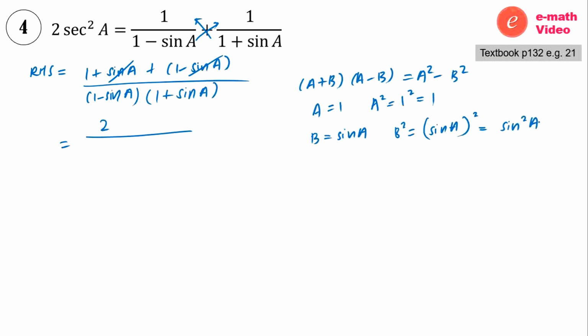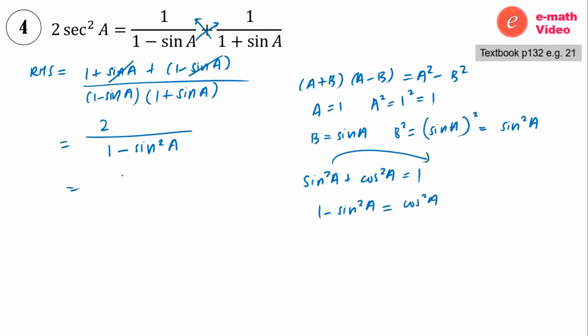We just have 1 minus sine square a. Use back the basic identity, sine square a plus cos square a equals 1. So 1 minus sine square a, moving this one to the right hand side, equals cos square a. Equals 2 over cos square a.